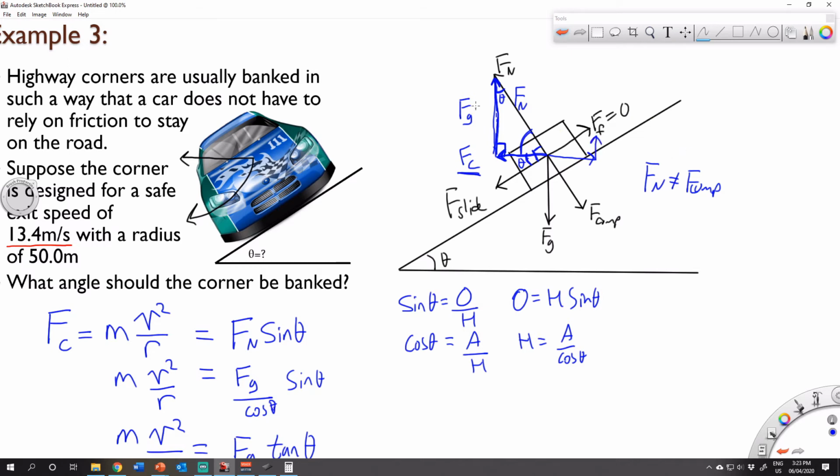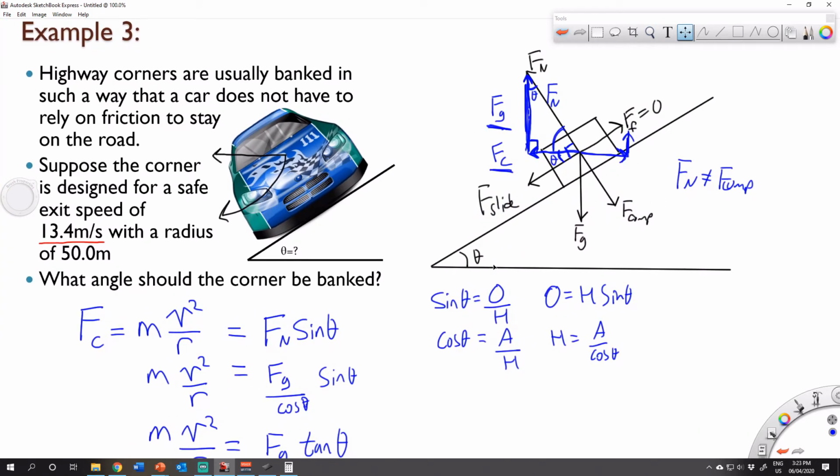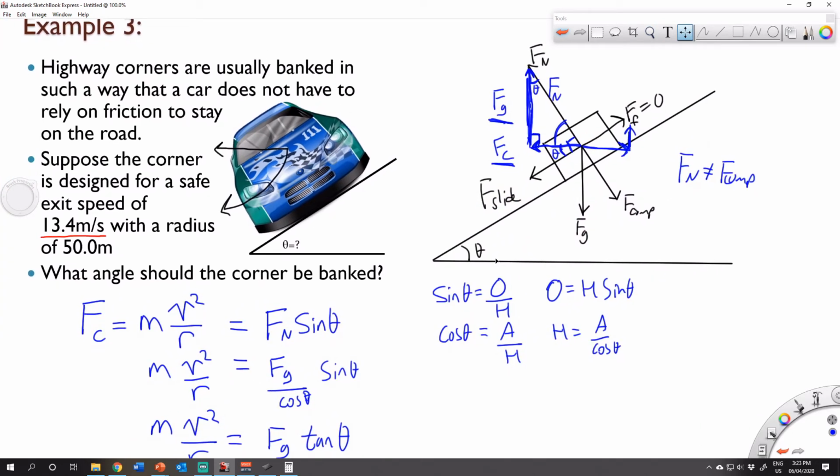So then the normal force would have to take into account that this upward portion of the normal force has to counteract the force of gravity and has to counteract the upward force due to the force of friction. Similarly, the centripetal force then has to also counteract the horizontal part of the force of friction. So the equations become a little bit more complicated. Just more things to keep track of.